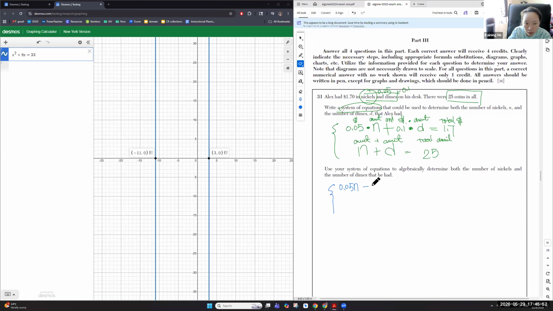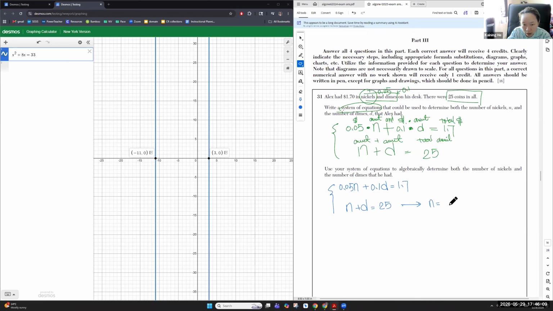0.05 N plus 0.1 D equals 1.7, which is the amount of dollars. And now N plus D equals 25, the amount of coins. Now this one looks very much isolated, very close to isolated. So I pick either N or D, doesn't matter.